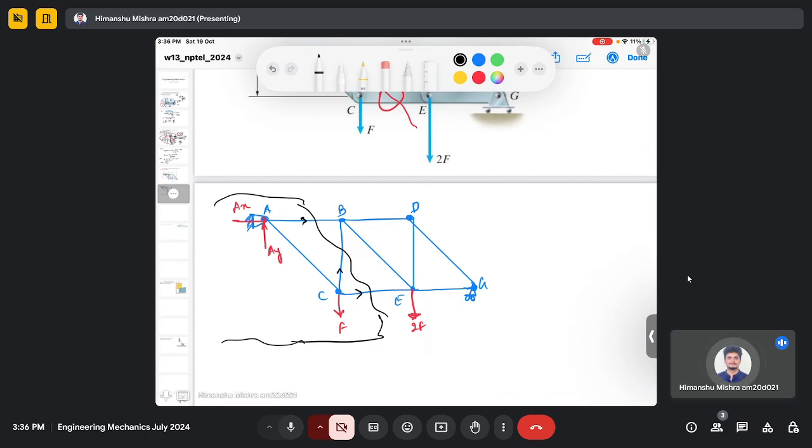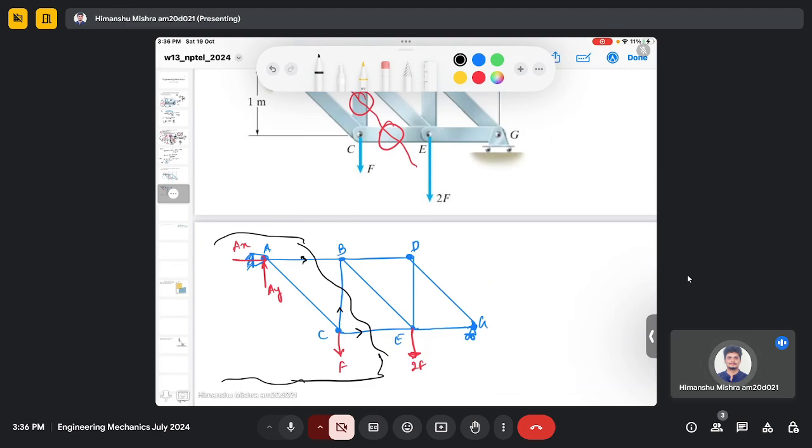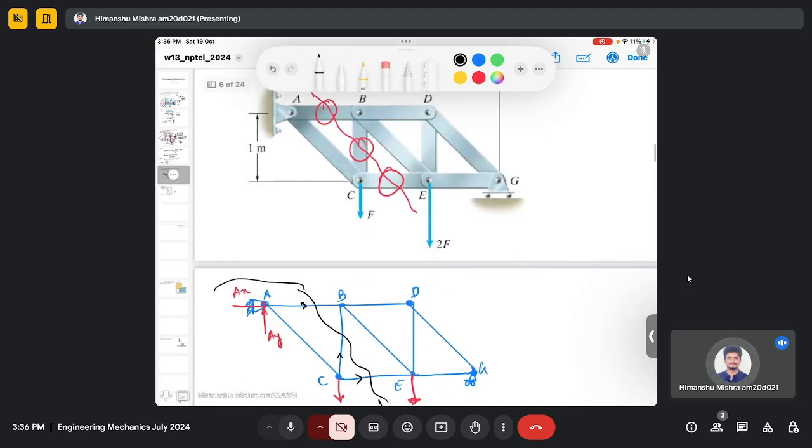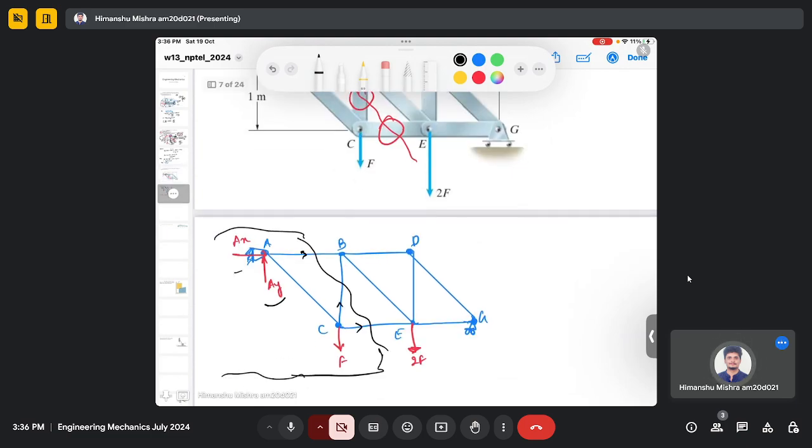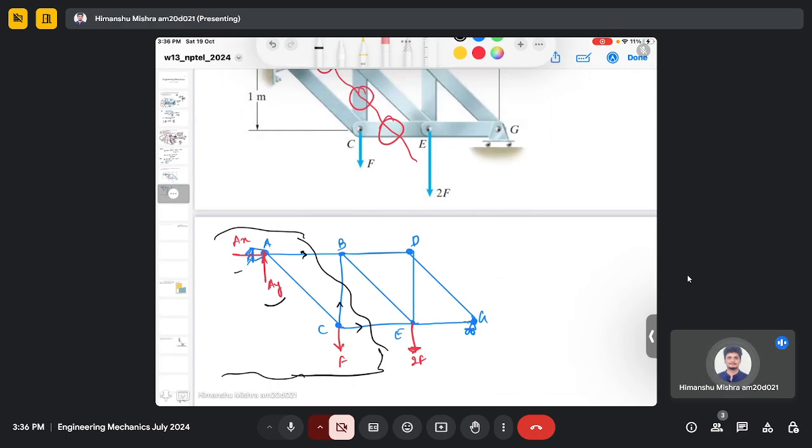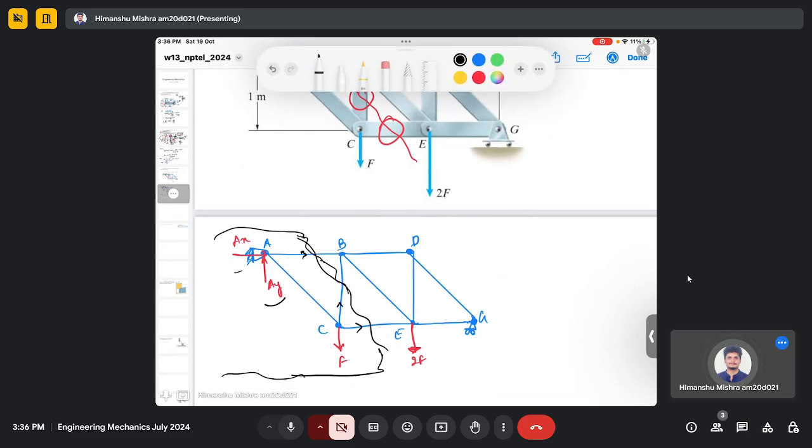But in order to calculate the reactions like reaction Ay and Ax, you need to consider the whole truss. So whenever you are calculating the reactions, consider the whole truss. Once you find the reactions, then you can apply arbitrary cuts to the truss. So here also there will be a reaction force such as Gy.